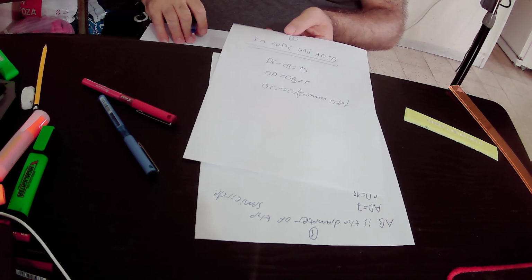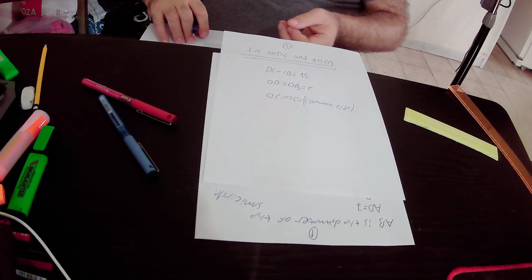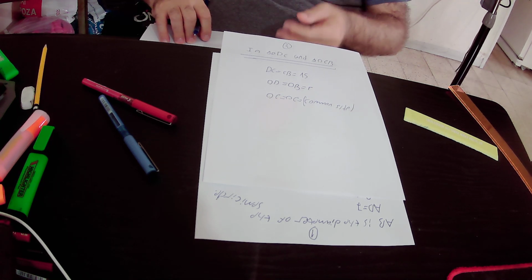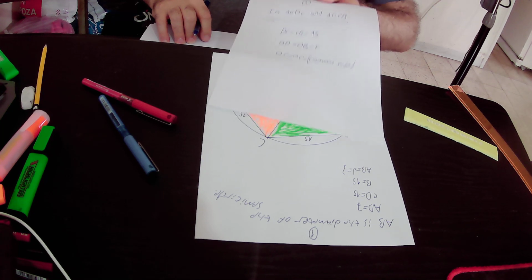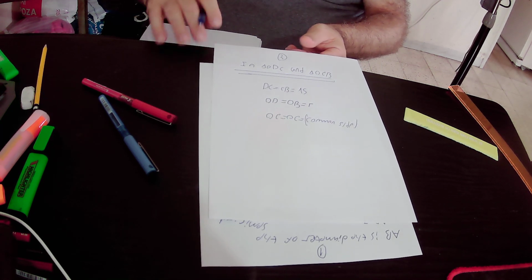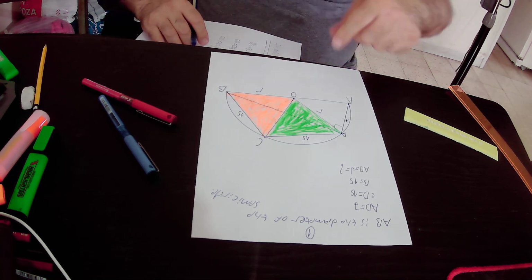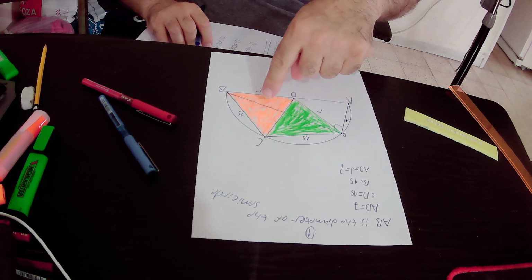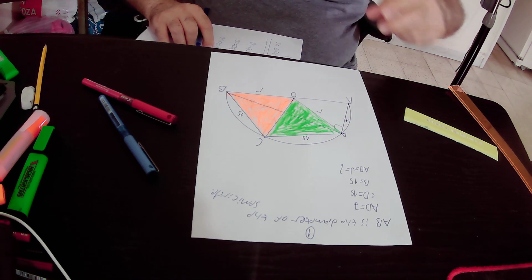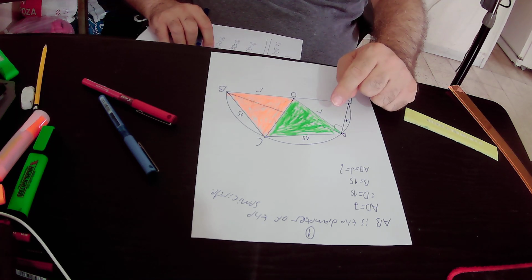So we actually proved that all the sides of the green triangle are equal to all the sides of the orange triangle.